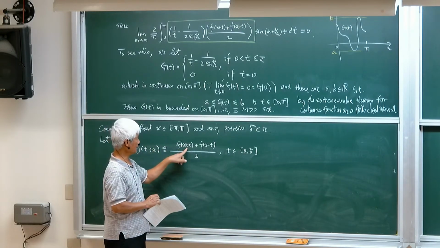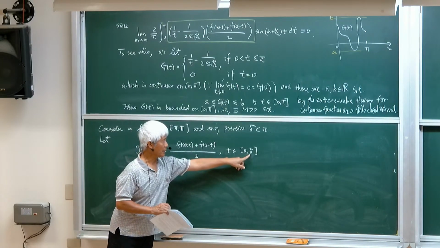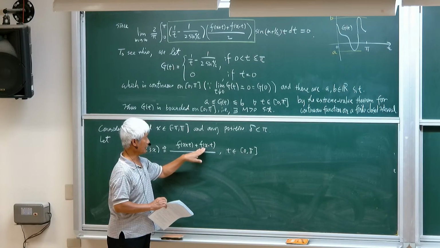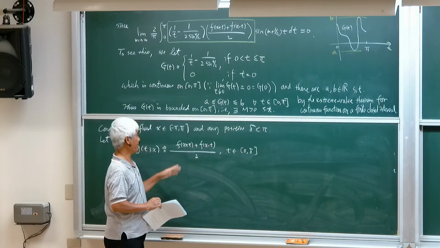You see that the argument here is from x to x plus delta, and here is from x minus delta to x.